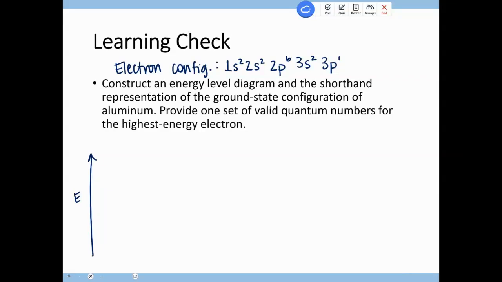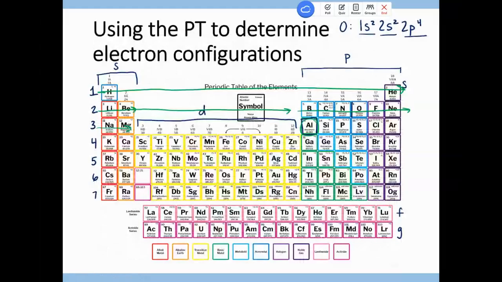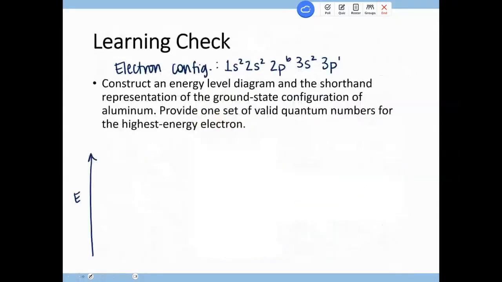To do the abbreviated electron configuration, we look one row above aluminum, so that's row 2, and all the way at the end we have neon. We abbreviate by putting neon in brackets, and that takes care of everything through the second row: 1s2, 2s2, and 2p6.